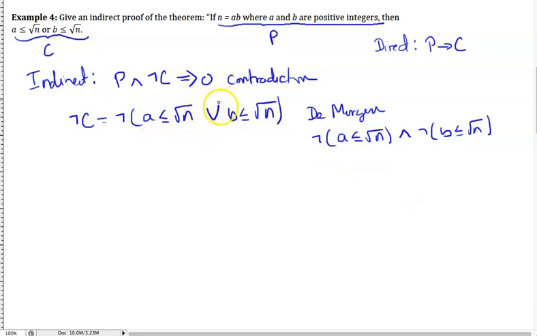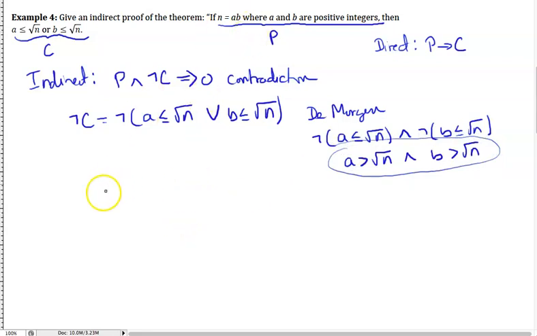So negating the or becomes an and. What does that mean? It's not true that a is less than or equal to square root of n. This means a is bigger than square root of n. And this means that b is bigger than square root of n. So that's what happened when I negated my conclusion.